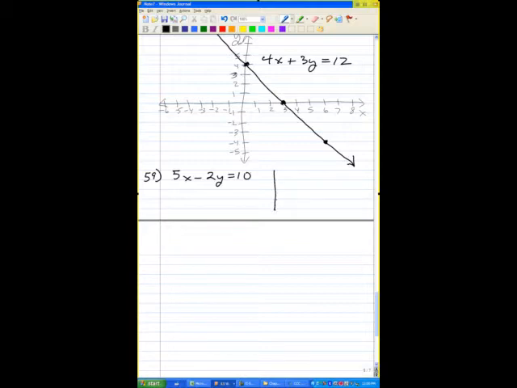So let's pick some points. So x, y. Obviously (2, 0) is a point on the line. So I'm really just going to pick a (2, 0) here.